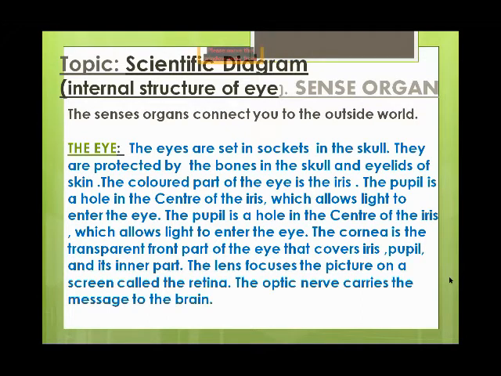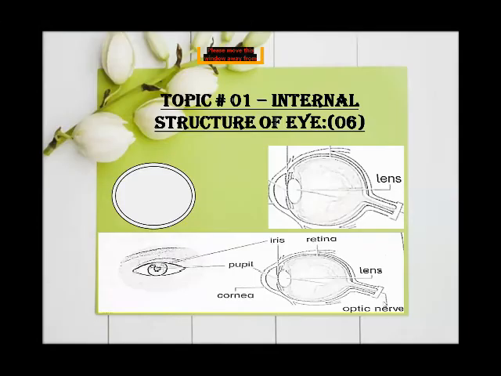Yes, we will draw here the topic, the sense organ, the eye. When we want to draw the internal structure of the eye, first we draw a circle.